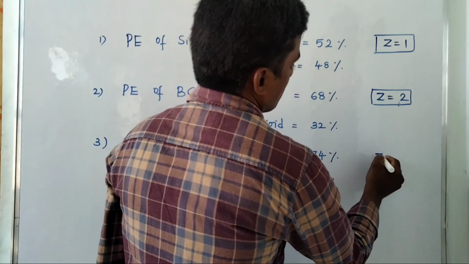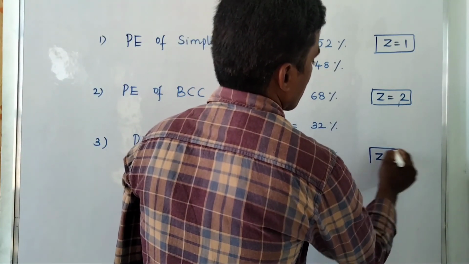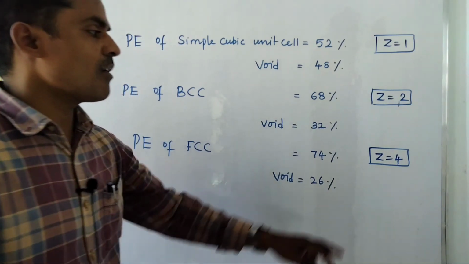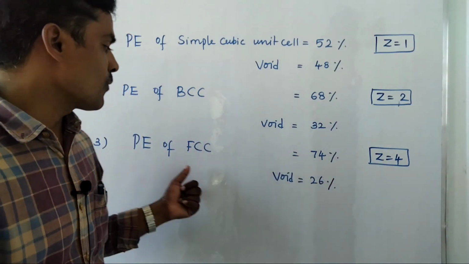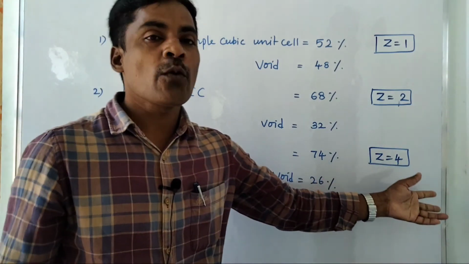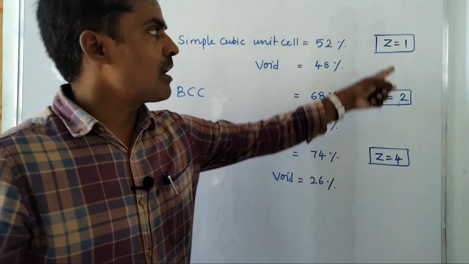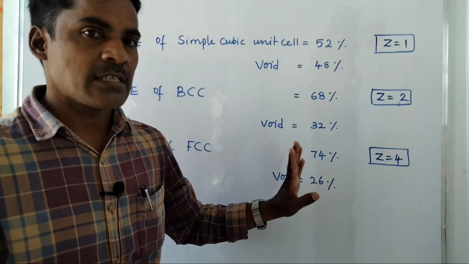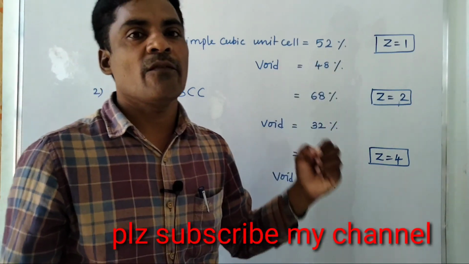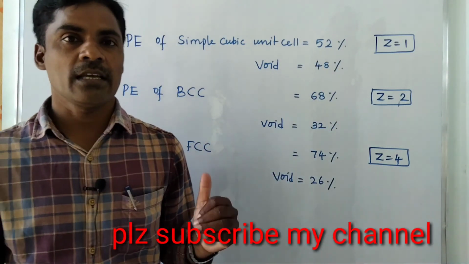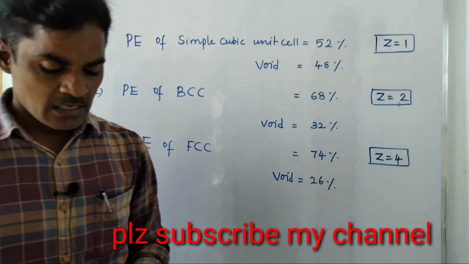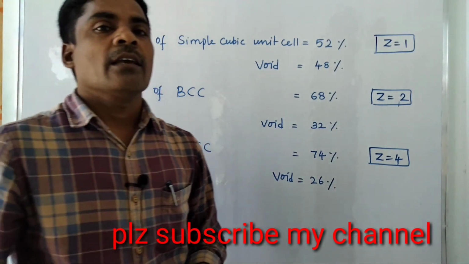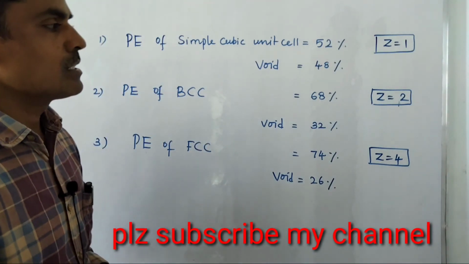In FCC, the Z value is 4, meaning the face centered cubic unit cell contains 4 atoms. If the number of atoms increases, the volume percentage also increases, which means the packing efficiency also increases. Okay, so this is the packing efficiency of solids.